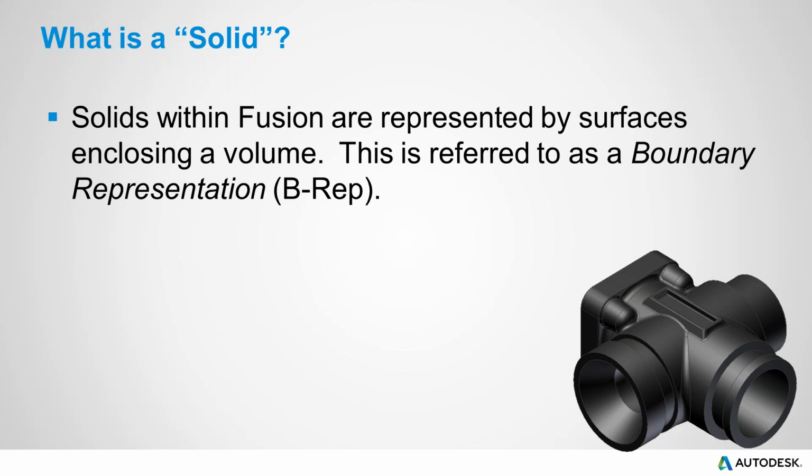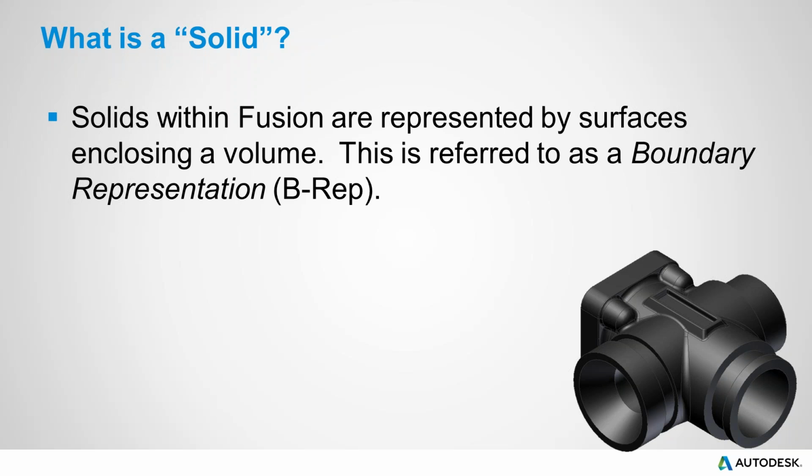So when you do mass properties, you get mass properties for it as if it's a homogeneous piece of whatever material you've assigned to it. And when you do operations on it to cut and punch holes through it, it's actually intersecting and trimming surfaces, but it knows how to do that in a way that looks and behaves like a solid.